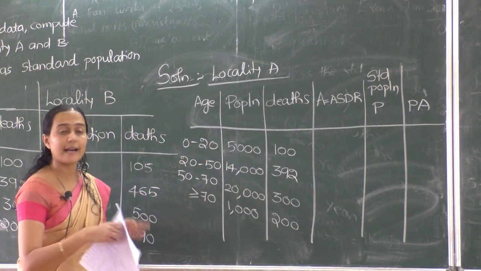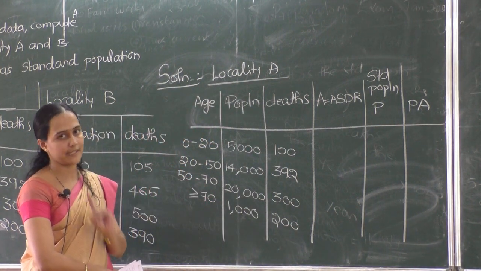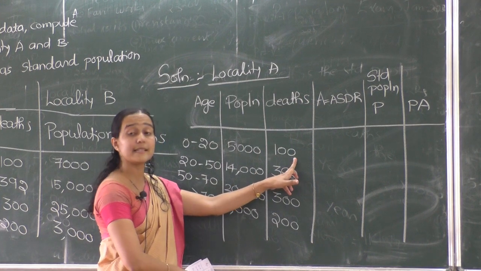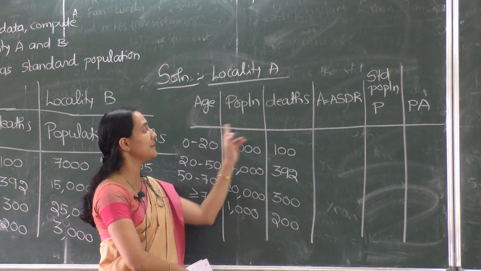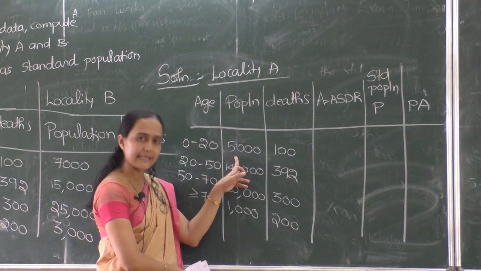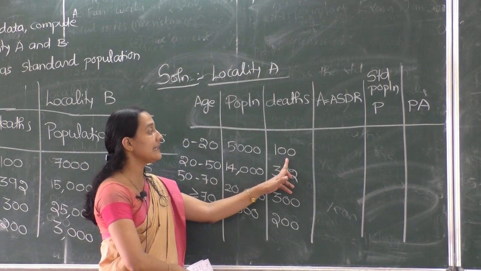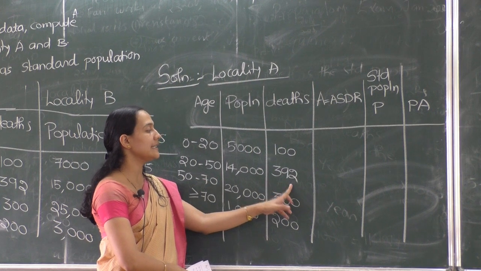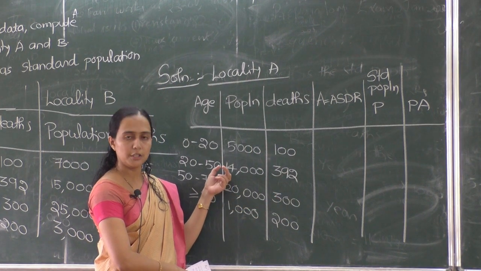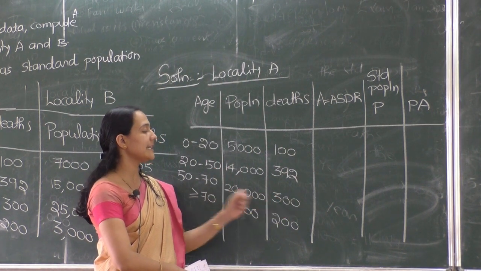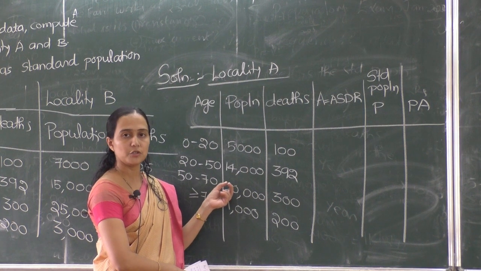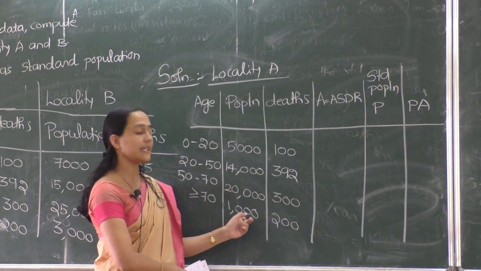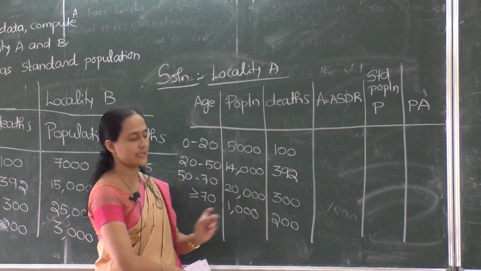Here ASDR, we have to compute age specific death rate. So number of deaths in the specified age group divided by average population in that age group into 1000. 100 divided by 5000 into 1000. 392 divided by 14,000 into 1000. 300 divided by 20,000 into 1000. 200 divided by 1000 into 1000, like that.